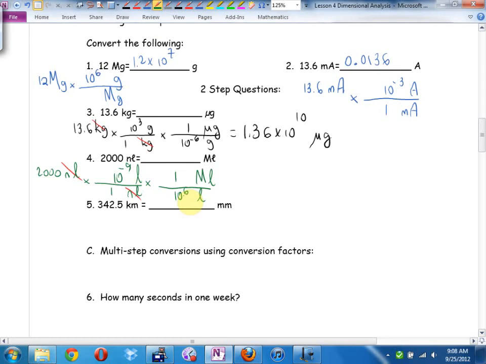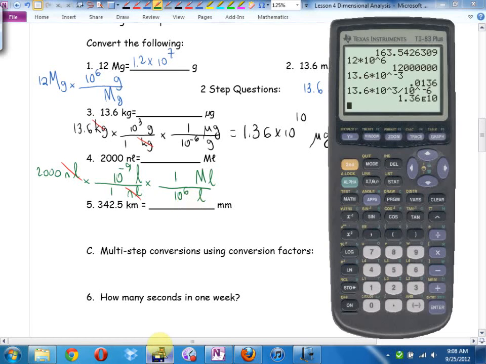So, Connor, what am I going to type? 2,000 times what? Divided by what? How did I know to divide? Oh, it's on the bottom, right? 2,000 times 10 to the power of negative 9, and you probably want to try these on your calculator so you can interpret the answer, divided by 10 to the 6th. 2e-12.